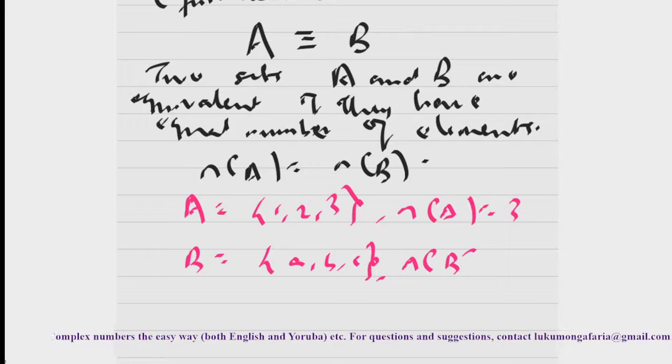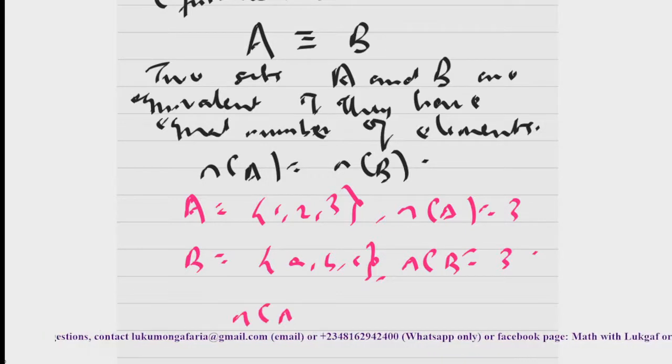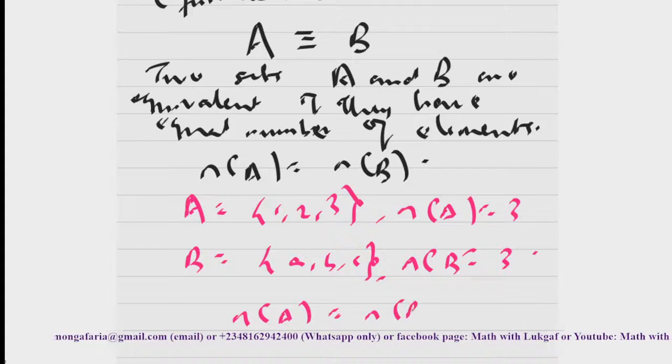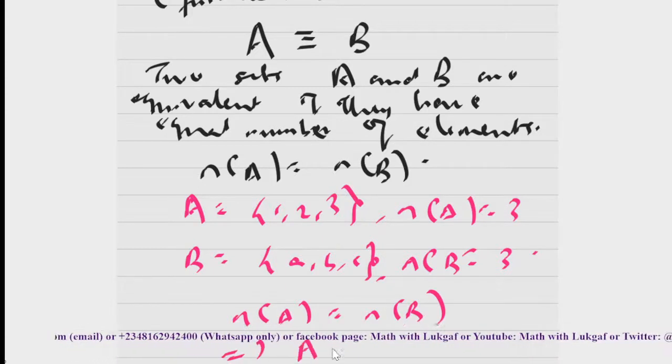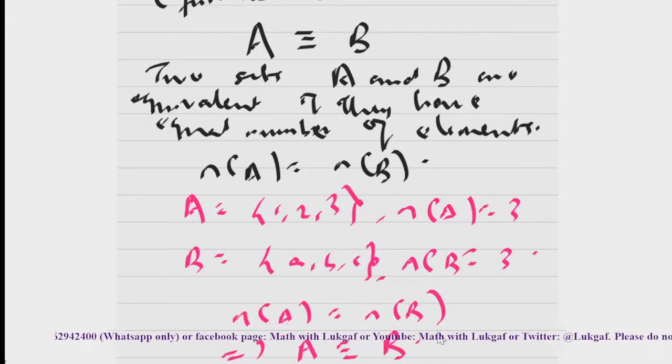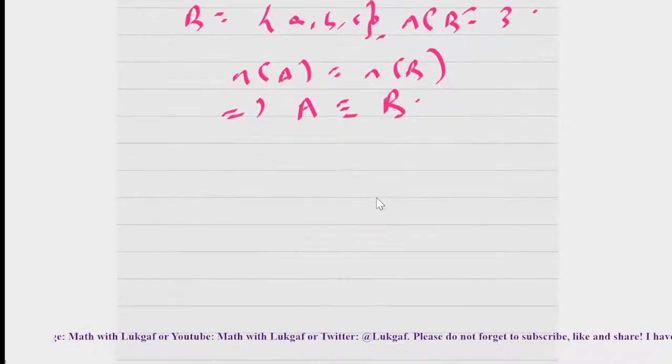Likewise, n(B) is also what? 3. So since they have the same cardinality, that is, the number of elements in A is also the same as the number of elements in B, then you can conclude adequately that A is equivalent to B. Let me give you another example to back it up.